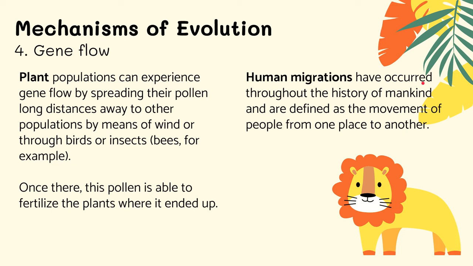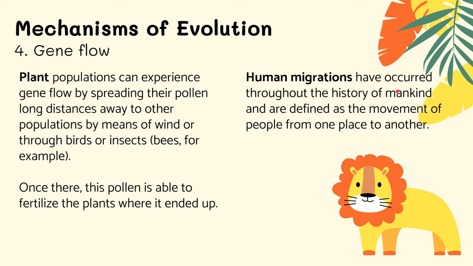They just happen to be carried by pollinators to different areas, therefore carrying the genes of those plants into the gene pool of possible species there. So once there, the pollen is able to fertilize the plants where it ended up and then become a new organism.